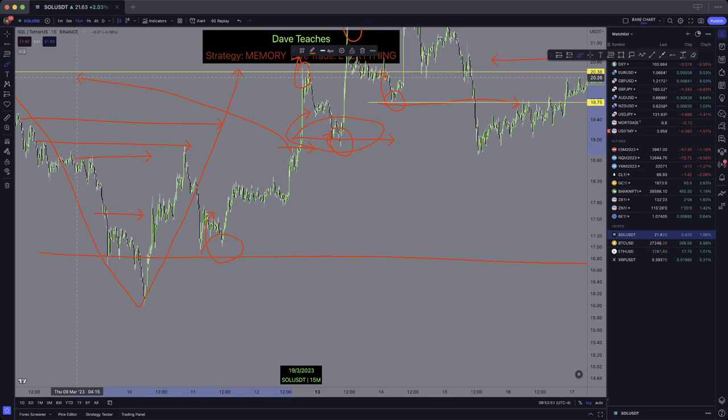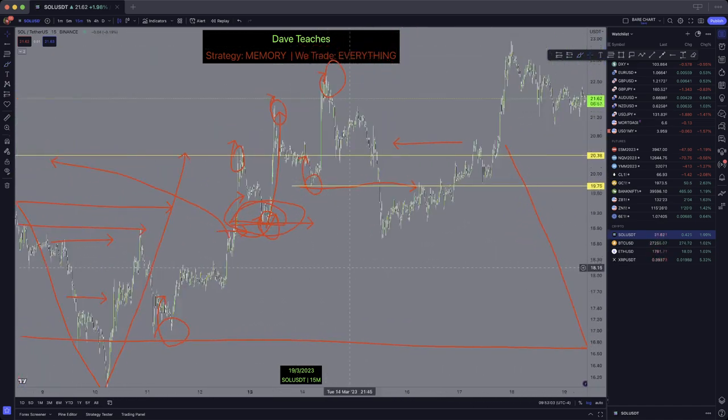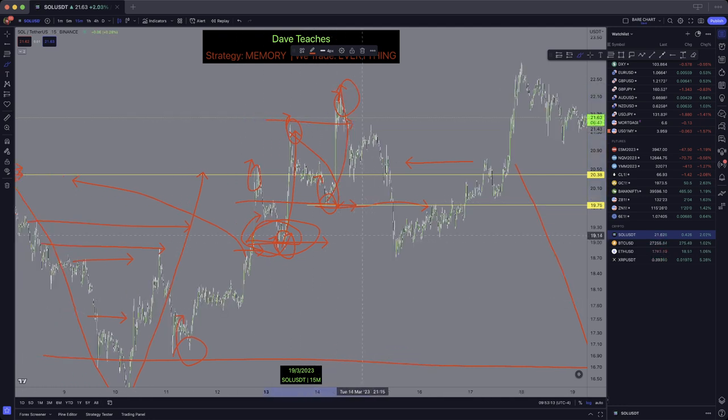It violates that high. So what do we do? We come back to the imbalance just above it and put in a new high, right? Not just that. We trade back into the zone and put in another high right here. But then we violate both of these lows, sorry.